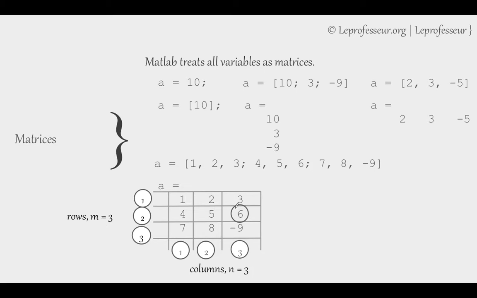If you see here, 6 is in the second row and in the third column. So how can we know what is stored at the second row and third column? If we say A(2,3), it equals 6. A little more complex, let's say we want to fetch all elements in the second row, means A(2,:). If we type it that way, we get the full row. All right, very simple.